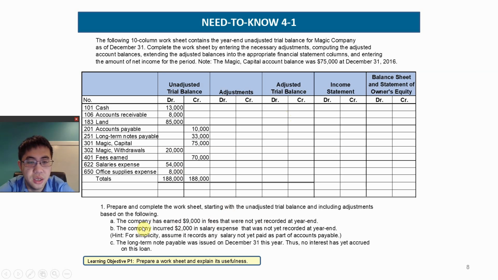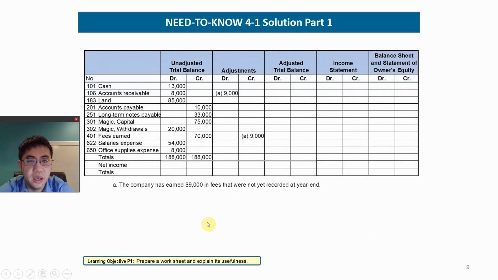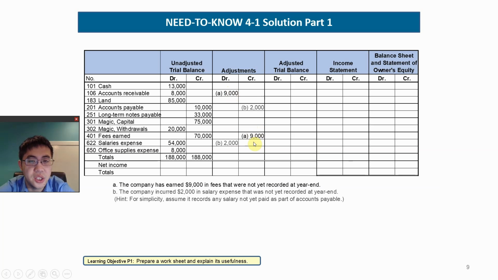So right here is the accounting activities, and that caused some dollar change, and then you just need to put them in the adjustment. So if the company has earned 9,000 fees, then their accounts receivable will increase because not paid in cash yet, and then the fees earned will also increase.